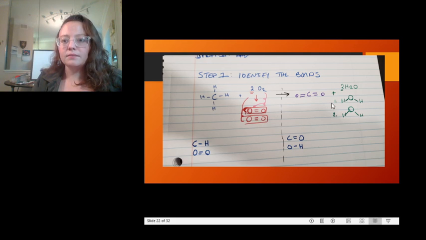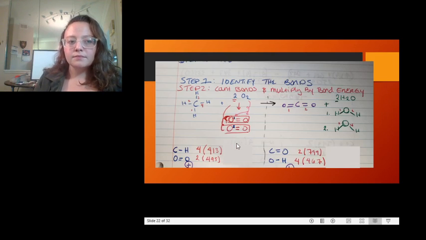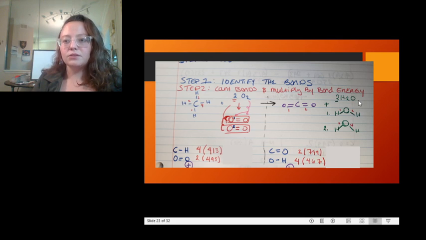On the other side, we have carbon and oxygen double bonded, and water looks like this. H2O is water. We have hydrogen and oxygen bonds, so an O-H bond. Step 2, we're going to count up all those bonds, and then we're going to multiply by the bond energy from that table that we saw earlier. So if we look at C-H, we have 1, 2, 3, 4.